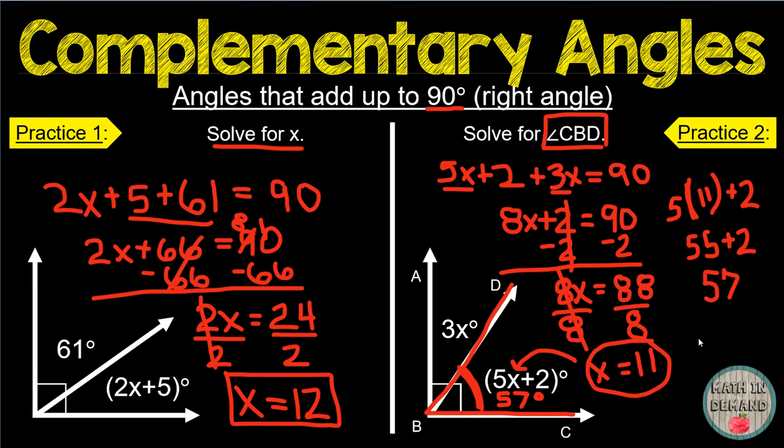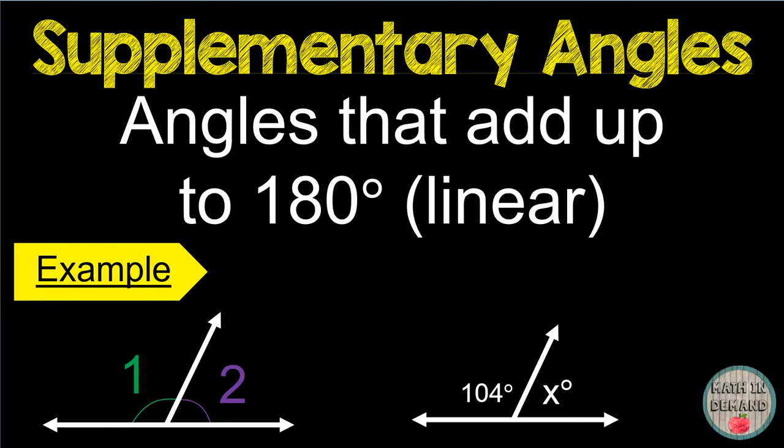Okay, let's look at another problem where we are going to look at supplementary angles. This is a different type of angle. This angle is different than complementary because it will add up to 180 degrees, which is also called linear. It is a straight line. As you can see in this example right here, I have angle 1 and angle 2.